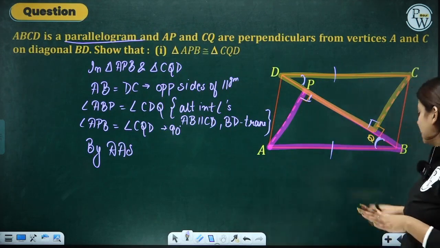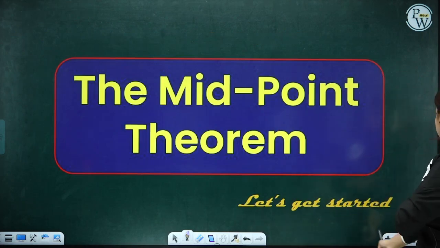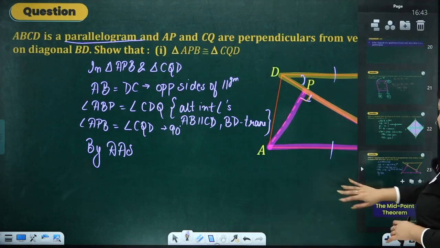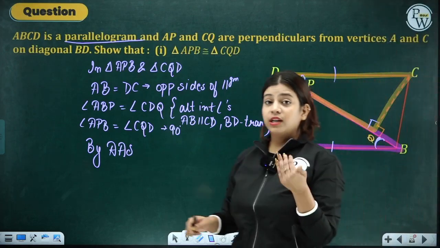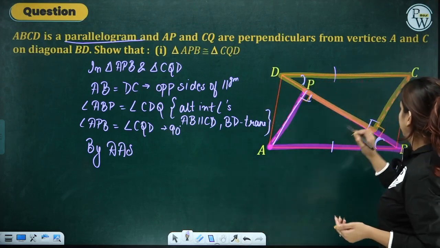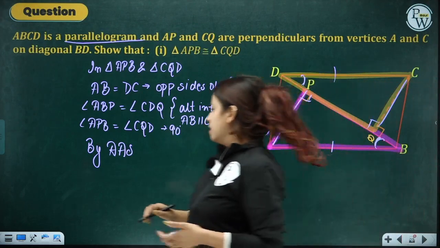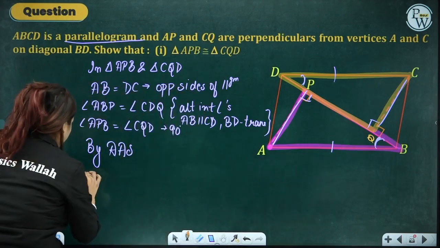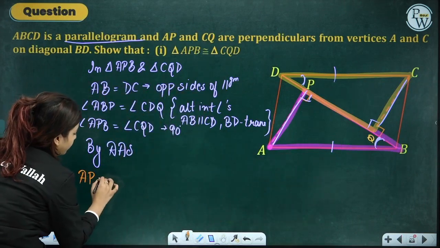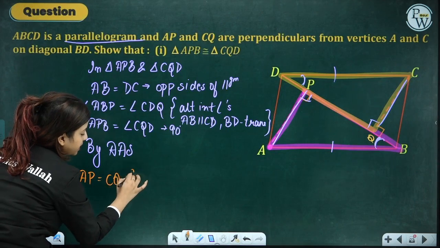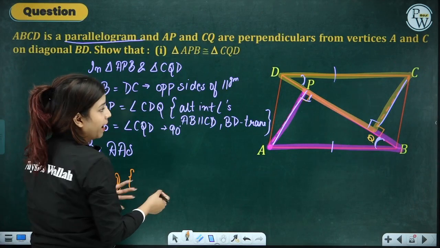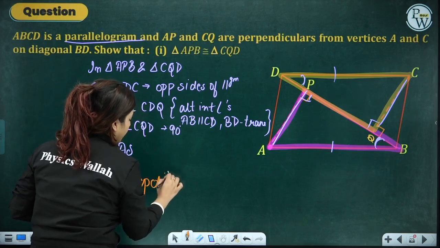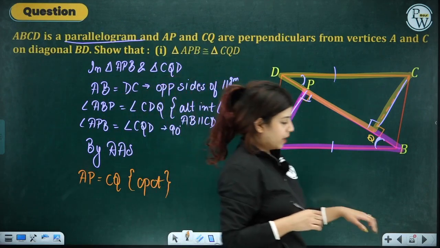I hope this is clear to everyone. Now the next thing, there was a second part too. For example, what if they ask, show that AP is equal to CQ? How can we say that AP is equal to CQ? By simply CPCT, that is corresponding parts of congruent triangles.